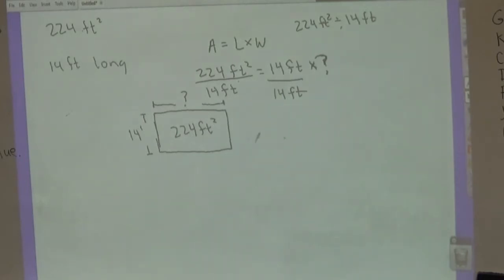So let's find an estimate first. How many groups of 14 can you make out of 2 hundreds? Well, none. I keep asking that question, I know, but I want you to be able to see that those values are still there. So we're going to jump now to the tens place. How many groups of 14 can you make with 22 tens? 22 divided by, what are we going to round 14 to?